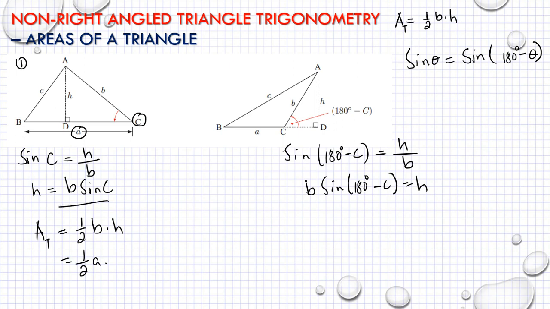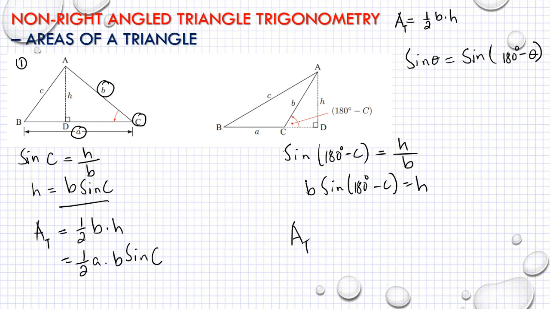Our height now is B times sine C. So as you can see, if you know an angle of a triangle and you have two sides of that triangle and the angle is in between, then you can find the area, as you can see here also. And this is also the same here.